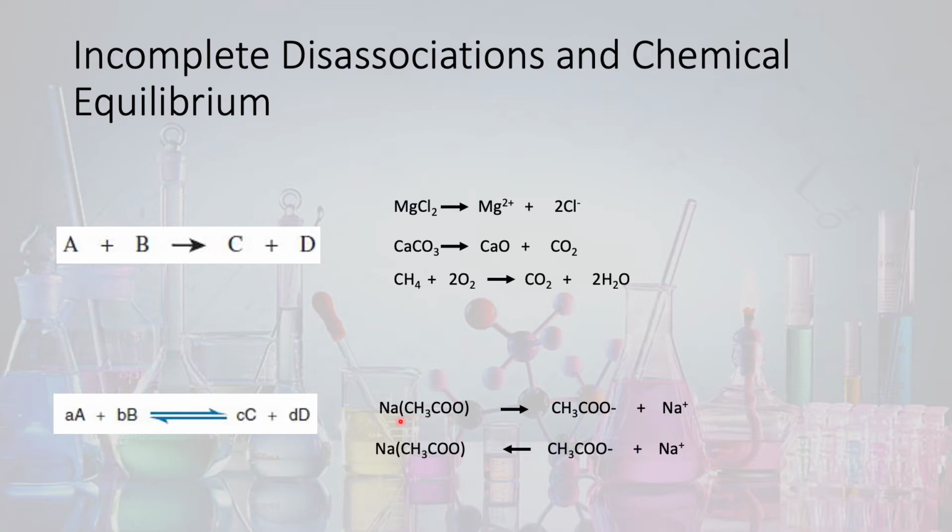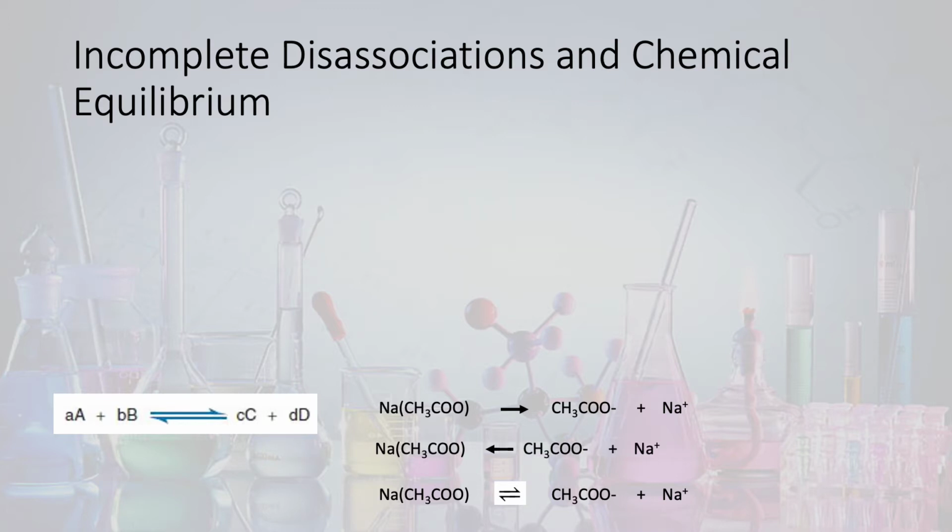So we have the forward movement of this reaction and the reverse movement of this reaction. While these two are occurring together in unison, this is an example of a chemical reaction that has reached equilibrium. The forward reaction is occurring while the reverse reaction is simultaneously occurring, to varying levels of both.